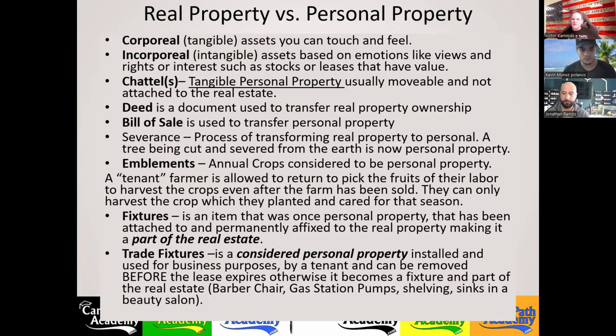So even after they're attached to the real estate, they're still considered personal property and can be removed by the tenant as long as they remove it before the lease expires. Because when a lease expires, you should have all your stuff out already, right? Anything you leave behind can become the property of the landlord.